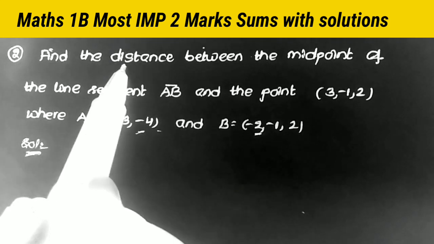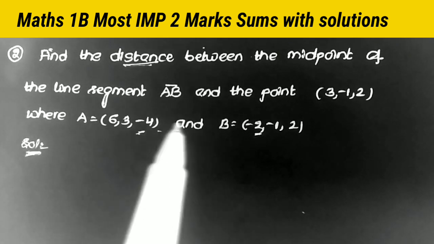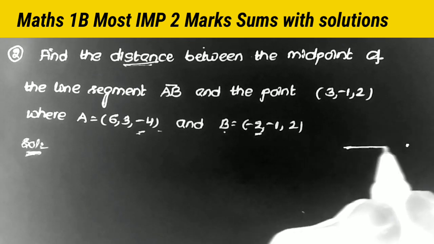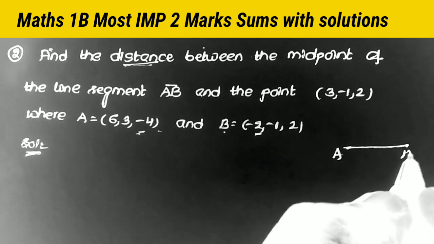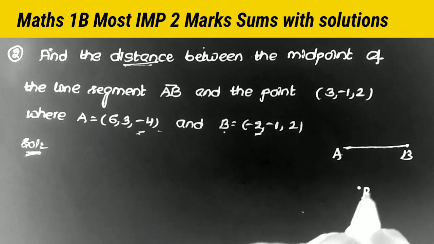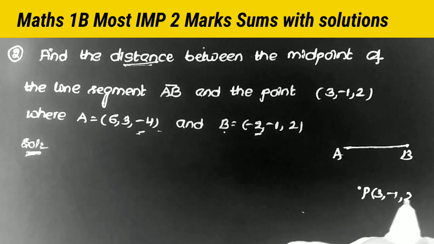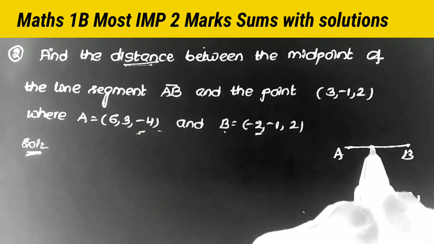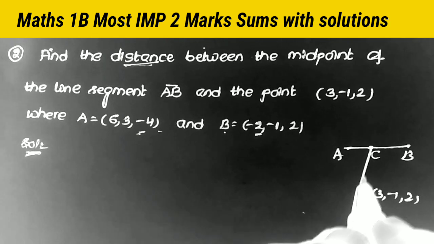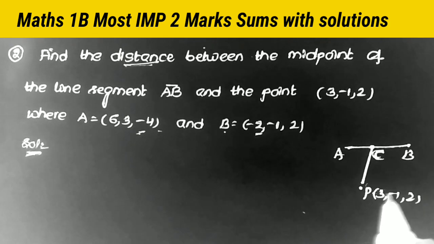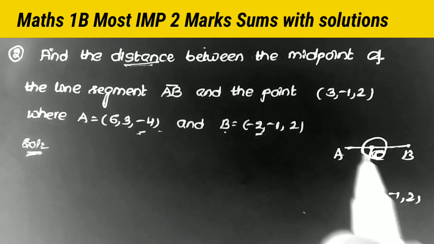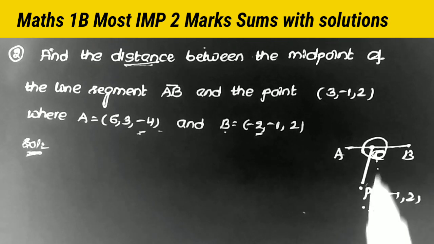We want to find the distance between the midpoint of these two and this point (3, -1, 2). First we have to find the midpoint of AB and then take the distance between these two.